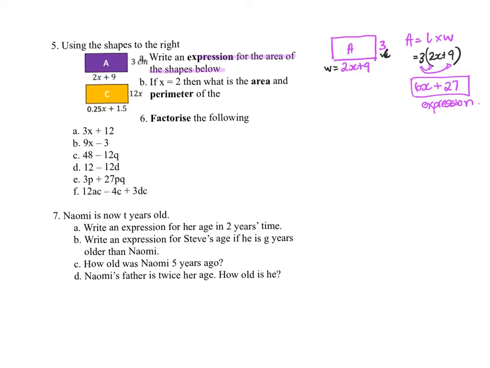Okay, now it asks in part B if x equals 2, what is the area? So you just sub 2 into your formula there. So 6 times 2 is 12 plus 27, so we get 39 centimeters squared, because they did tell me over here it was centimeters, is the area.